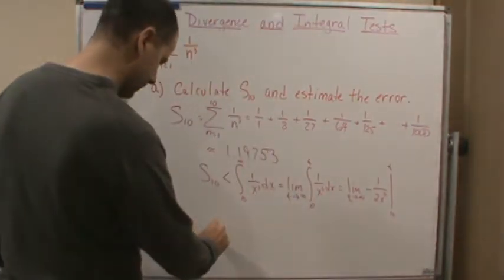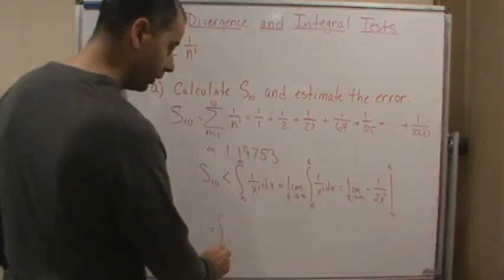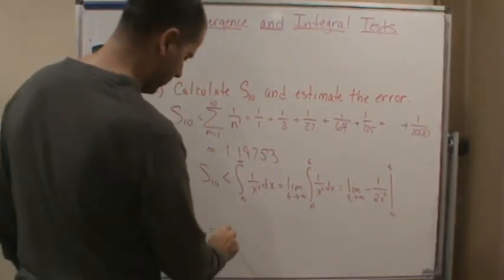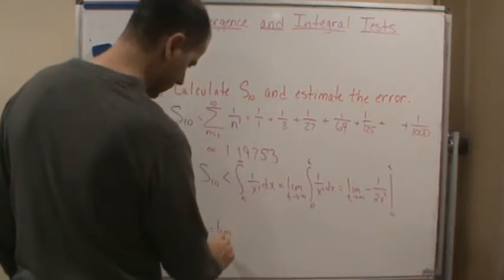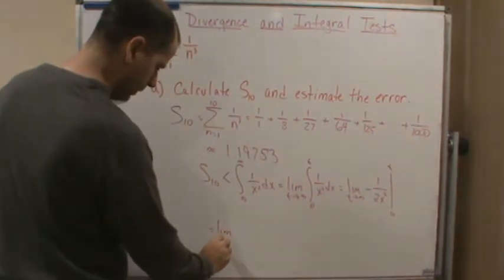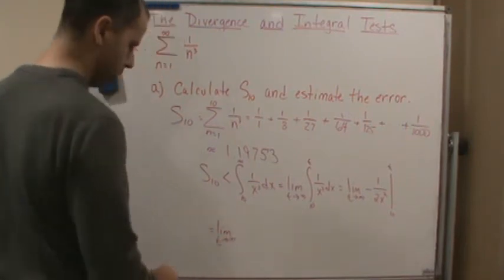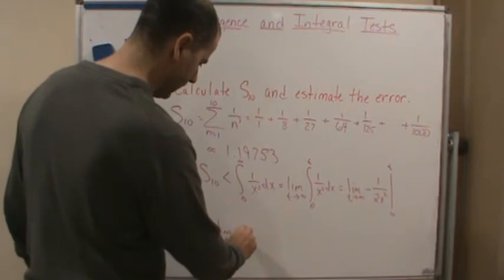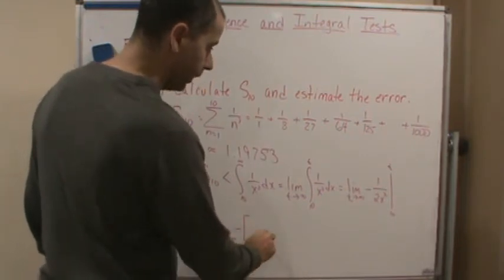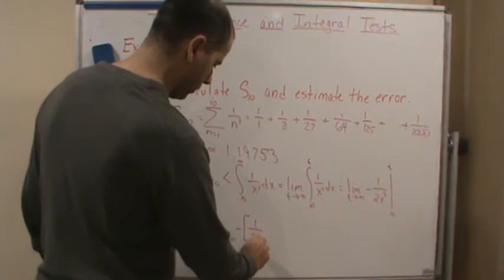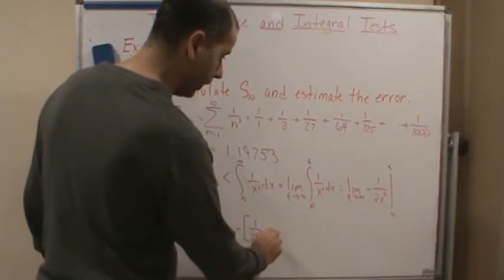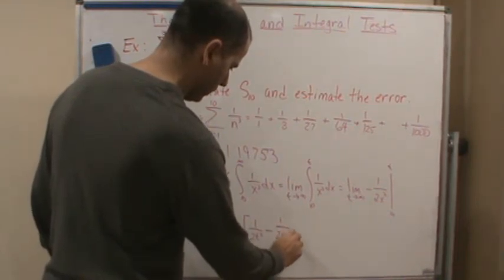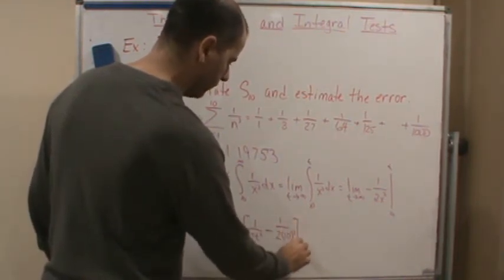It's going to be the limit as t approaches infinity, and this becomes the negative of 1 over 2t squared minus 1 over 2 times 10 squared.